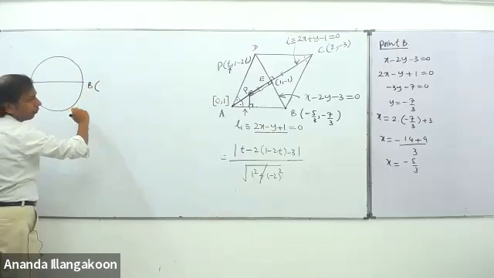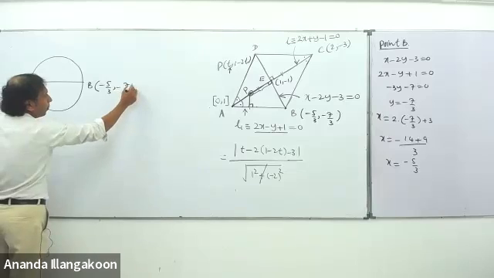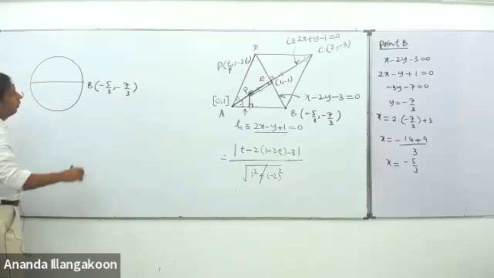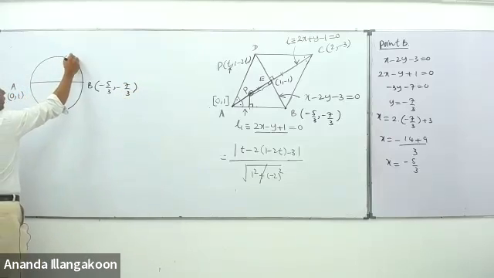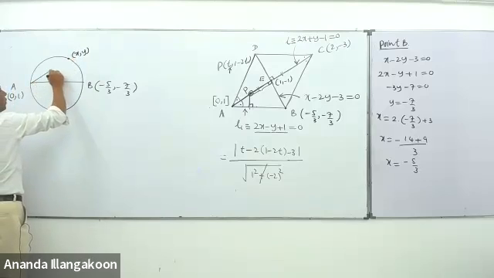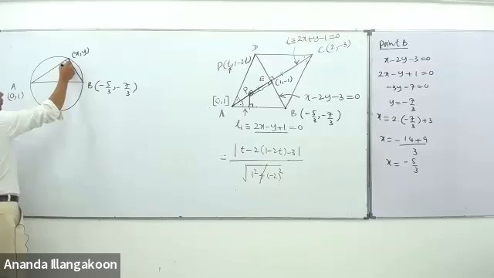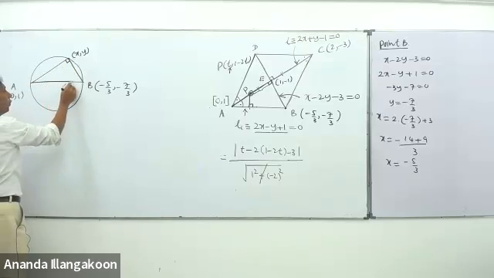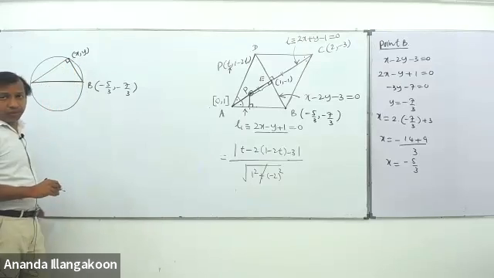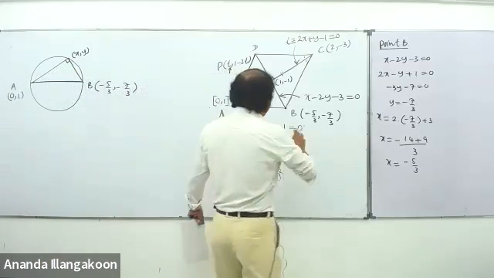B just now we found, minus 5 by 3, minus 7 by 3. Now we'll take a point on the circumference of the circle as xy. Then to get the equation of this circle, we can use the fact that this angle is 90 degrees. Why? This AB is a diameter, no? We need the equation of the circle with AB as a diameter.